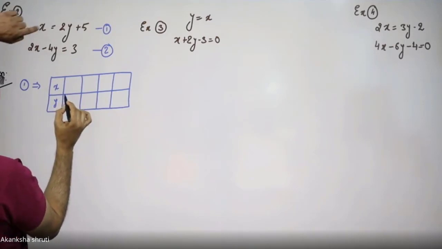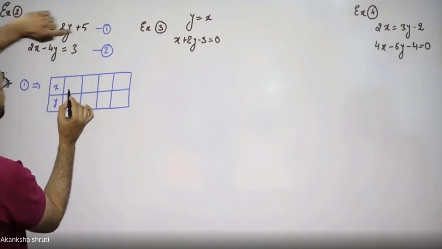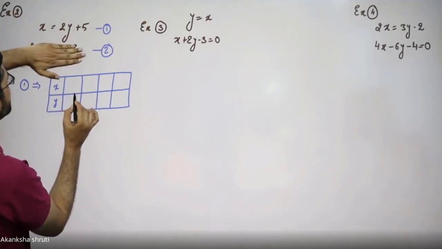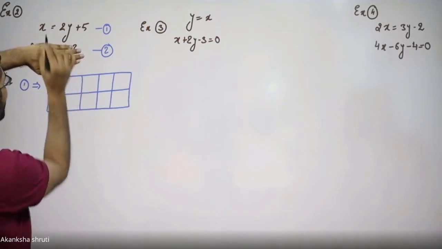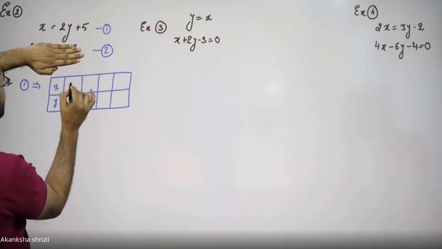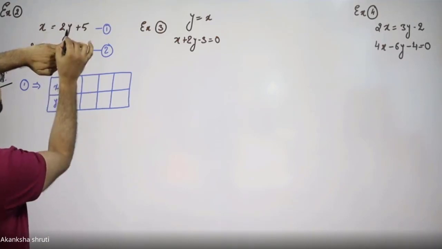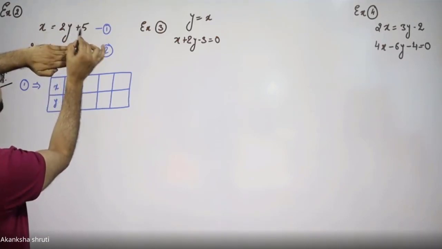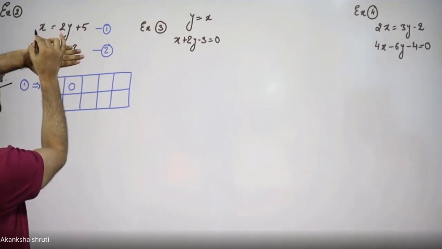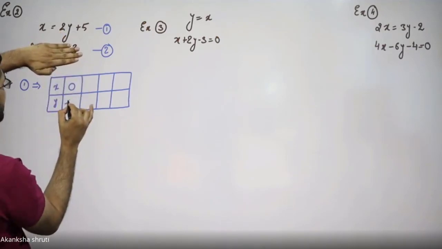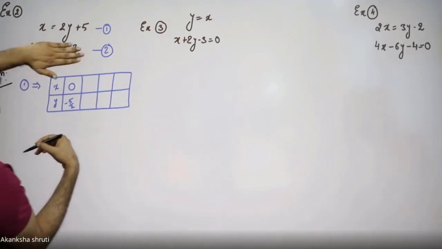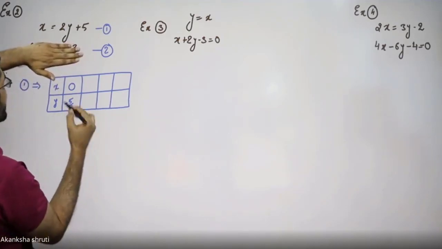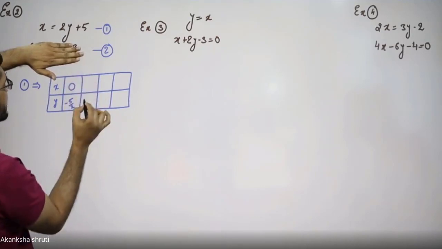Let us take x value as 0. Keep in mind, for 1, forget this equation 2 for a moment. You just take the value of x in this 1. Let me take x as 0. The y that we obtain will be, bring this 5 to the left hand side, minus 5 by 2. Now take the other value of x. Still forget this. Let us take y value as 0.